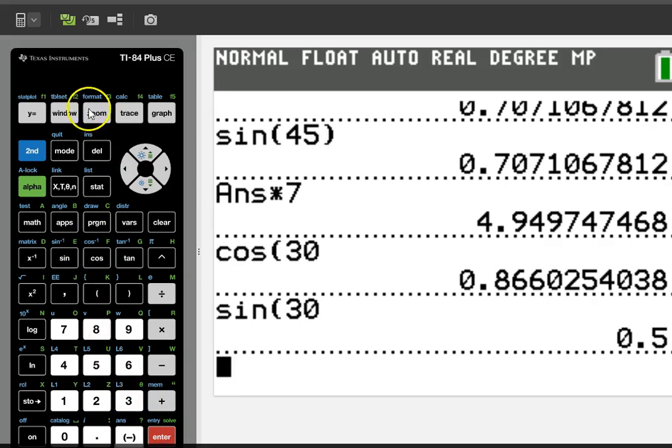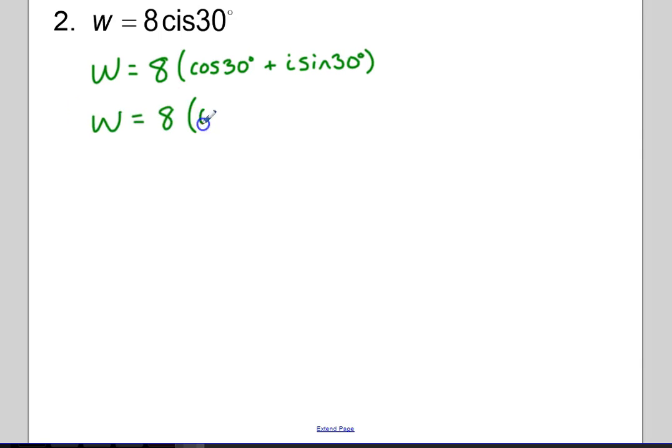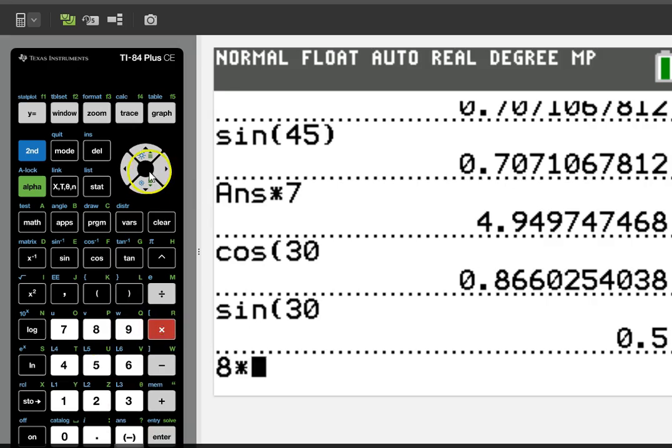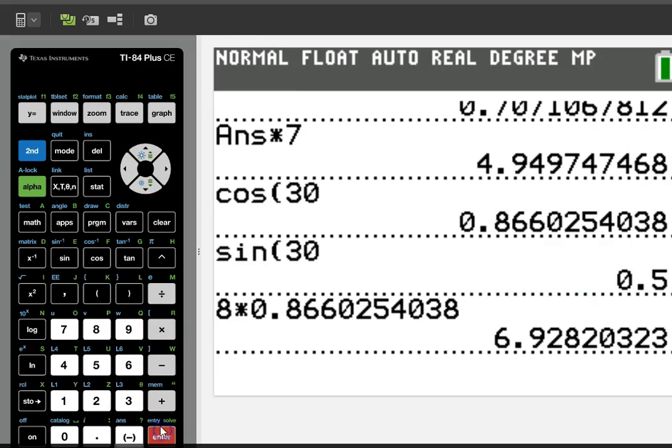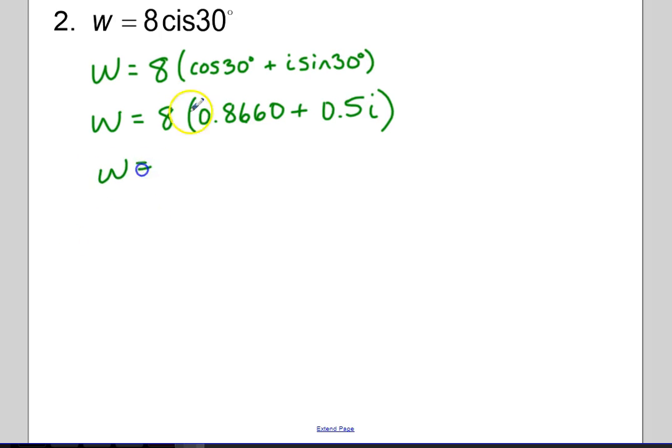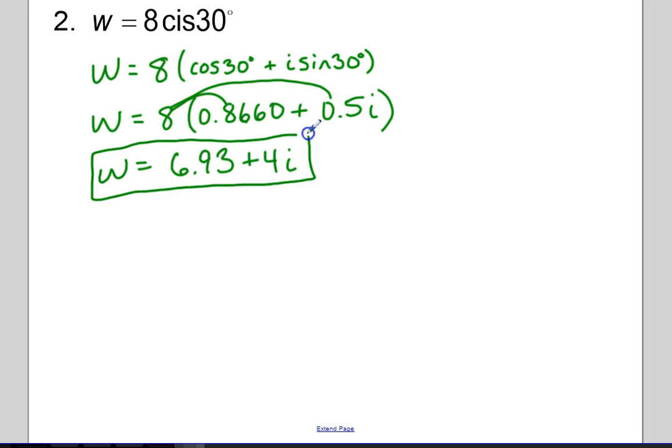Cosine of 30 is irrational. Then I'm going to distribute the 8 to the irrational number. 6.93. Okay, and of course, we can check this one as well.